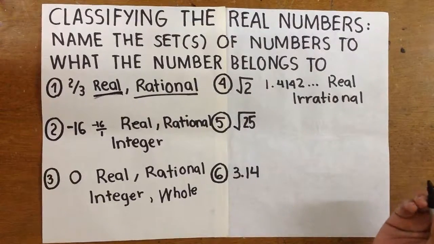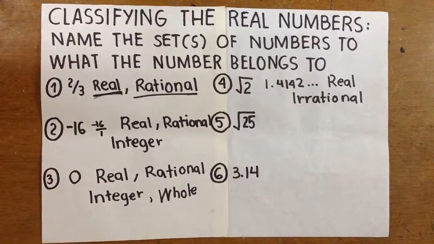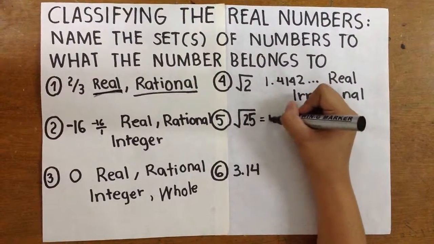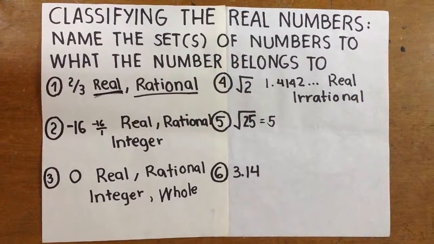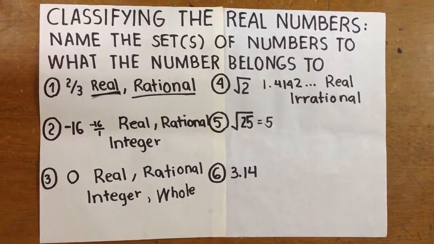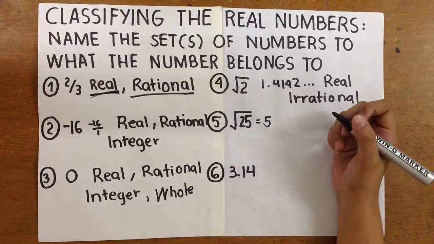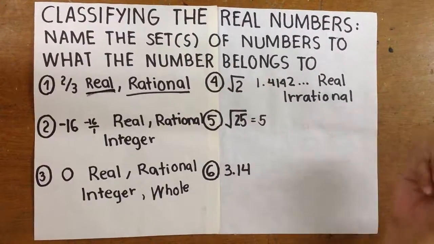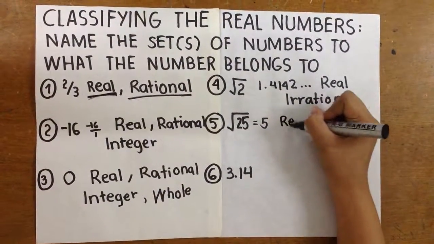Looking at number 5, which is square root of 25, we know that square root of 25 is 5. In order to figure out what square root of 25 belongs to, I've gotta think what 5 belongs to. We know that it's real.